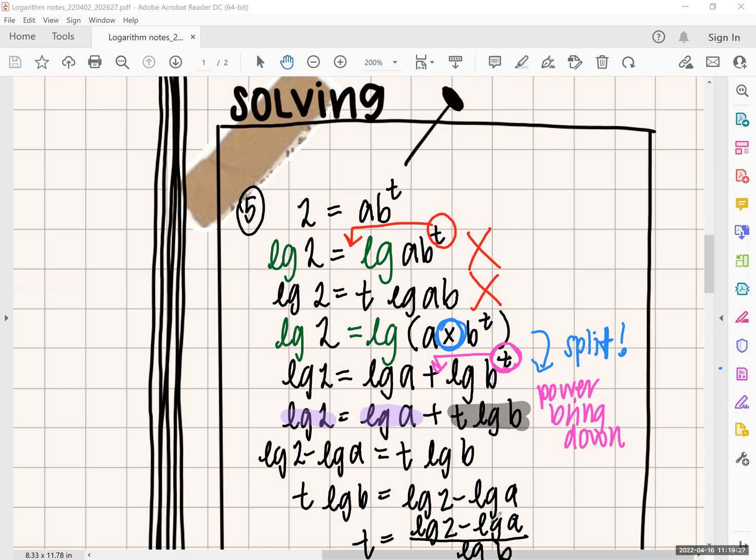So please write that down, that these are your constant terms, and write down that this is your unknown term. So that's it for solving. Next lesson, I'm going to teach you all the higher level questions and log sketching.